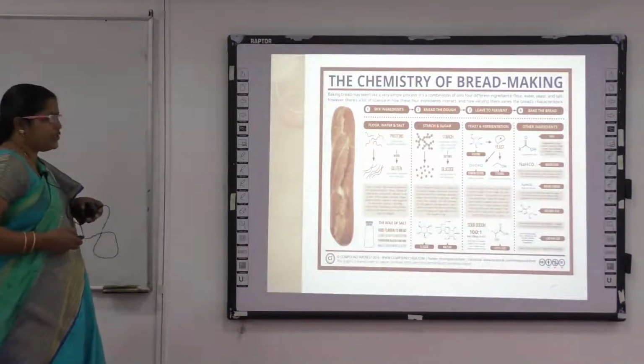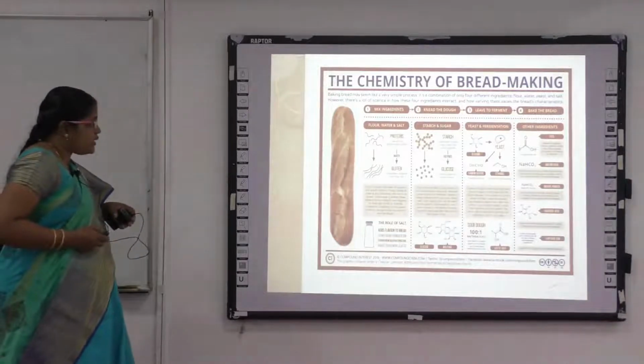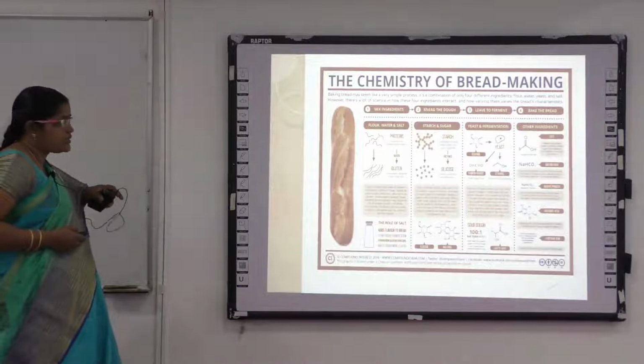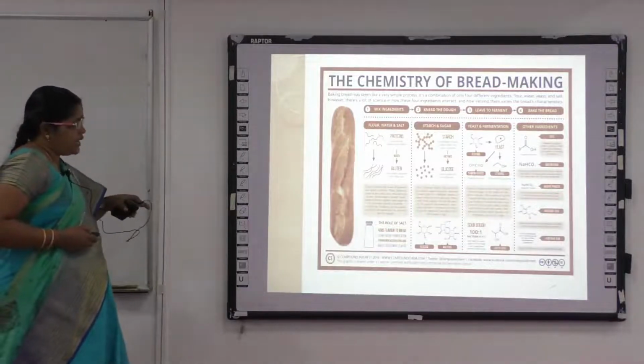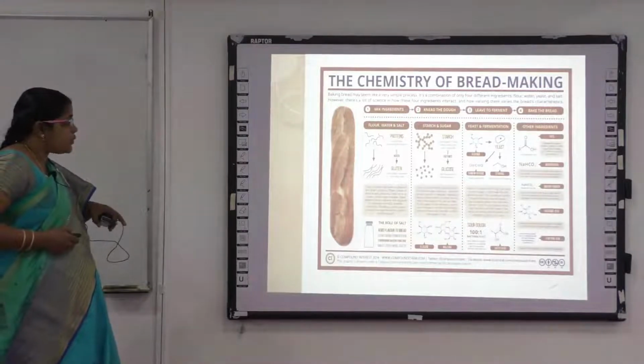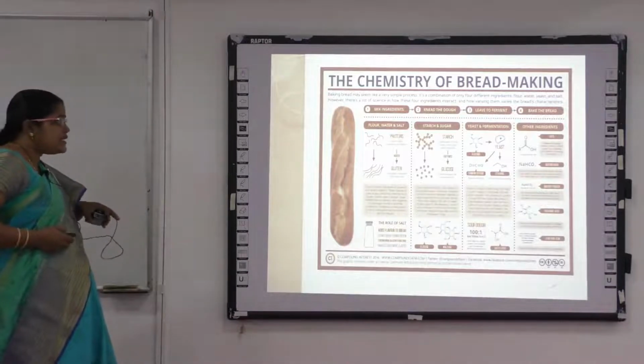What is gluten? Gluten is a wheat protein. There are two types of proteins present in wheat: one is soluble protein and another one is insoluble protein. For gluten development, insoluble proteins play a major role. Glutenin and gliadin are insoluble proteins.